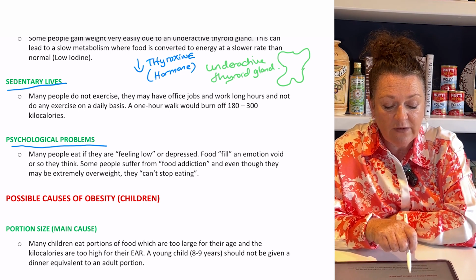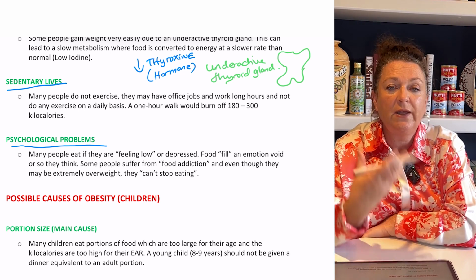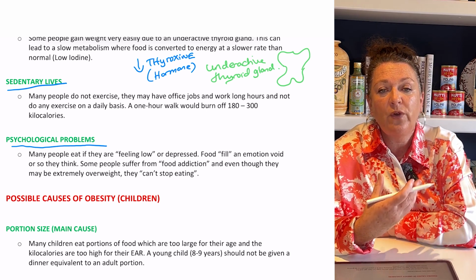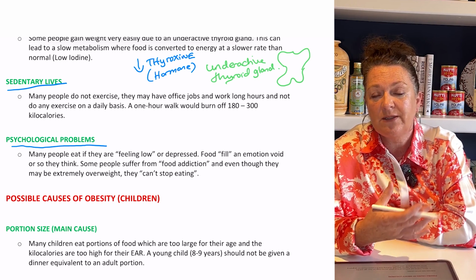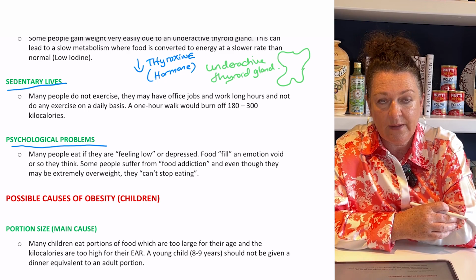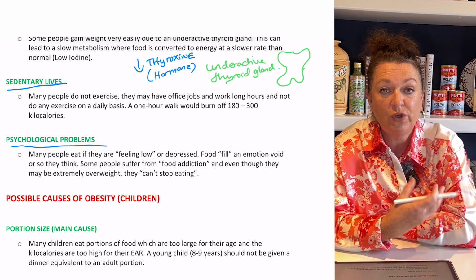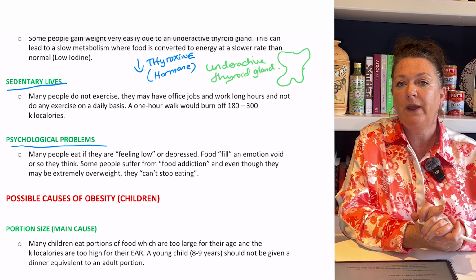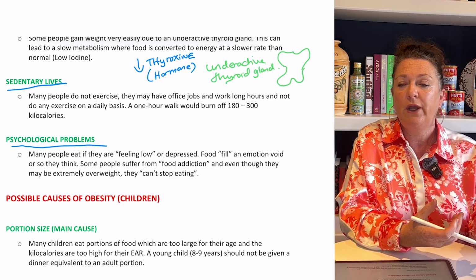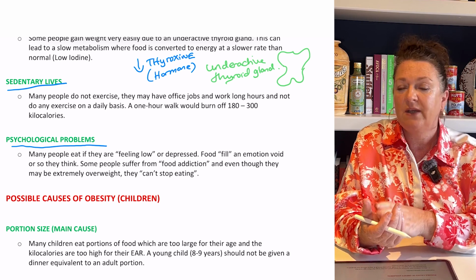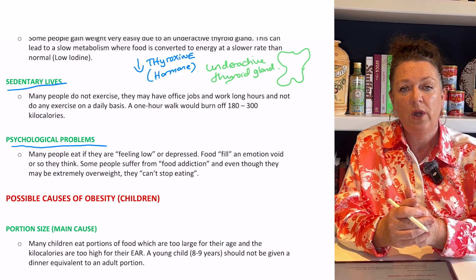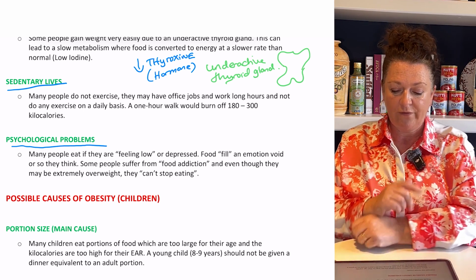So many people eat if they're feeling low or depressed, trying to recreate the comfort that maybe they got when they were younger and were given food, like a nice treat, an ice cream, etc. So we need to break that cycle. If we want to reward children, which is very important for good behaviour, maybe you read an extra story at night time, or you promise to take them to the cinema at the weekend, but try not to reward young children with food.